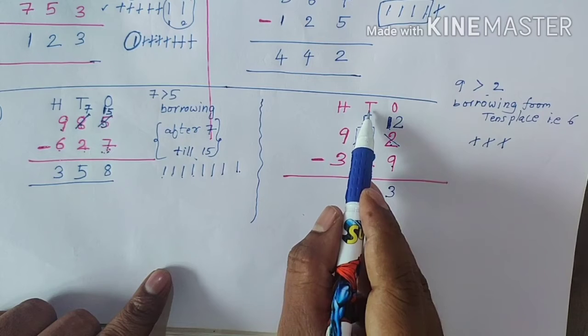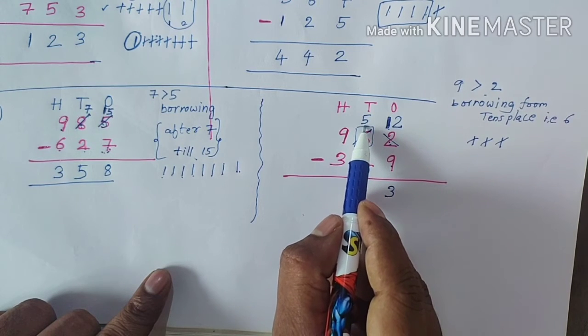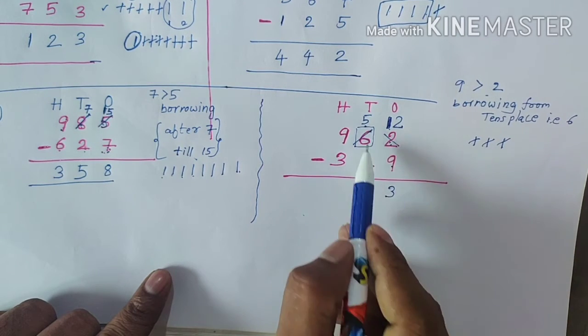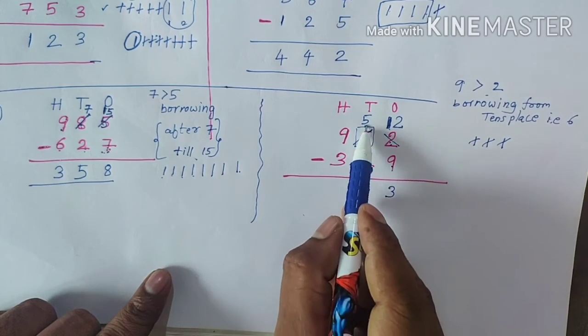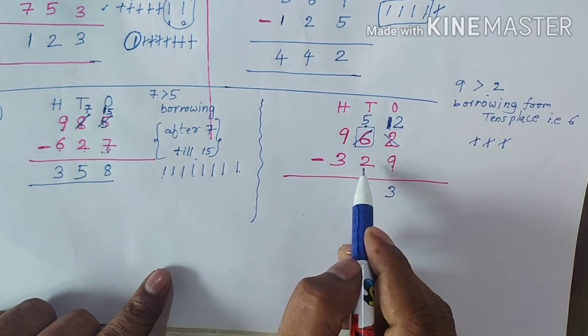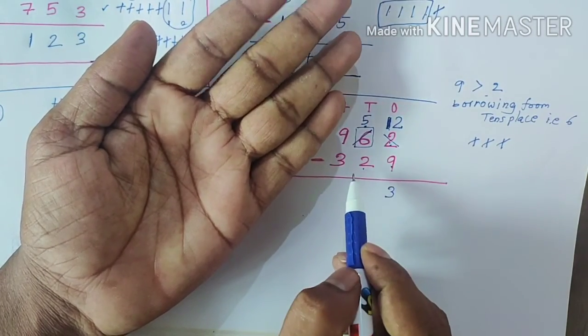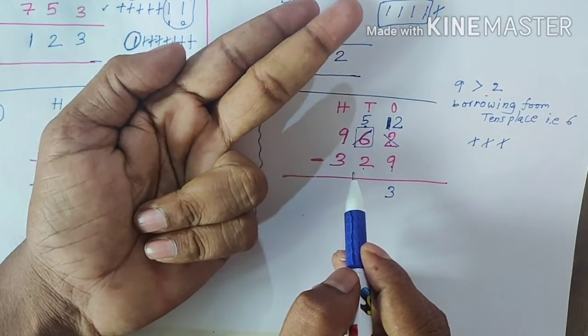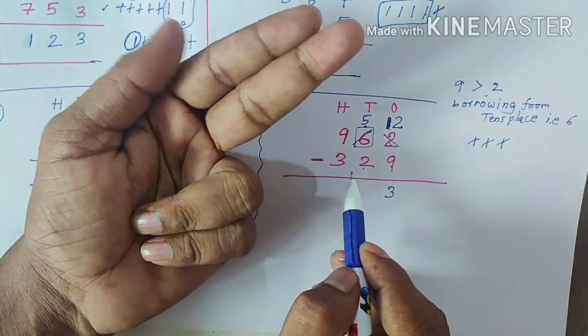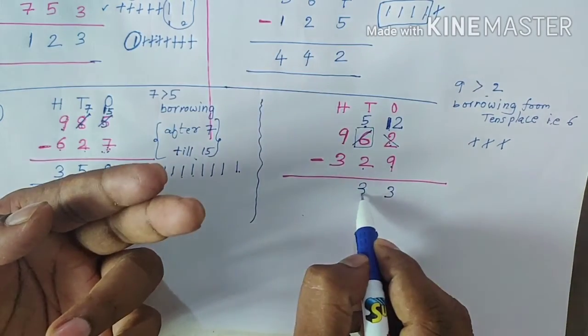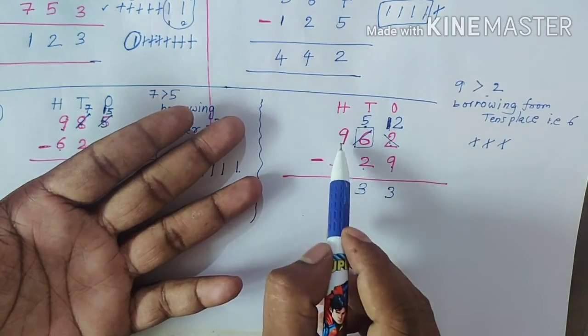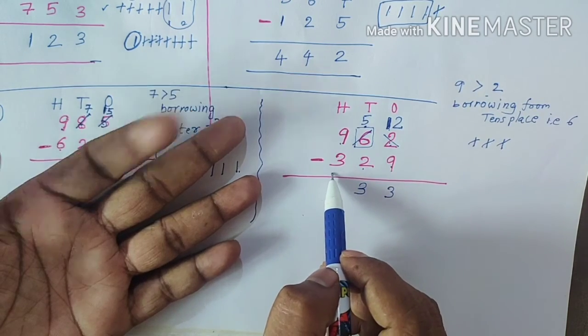Now coming to the tens place, you have the number 5 on the top and you have to subtract 2. Take 5 fingers and close 2 fingers. So how many are left? 1, 2, 3. So we are left with 3. Write 3. Coming to the hundreds column, you have 9 and you have to subtract 3.